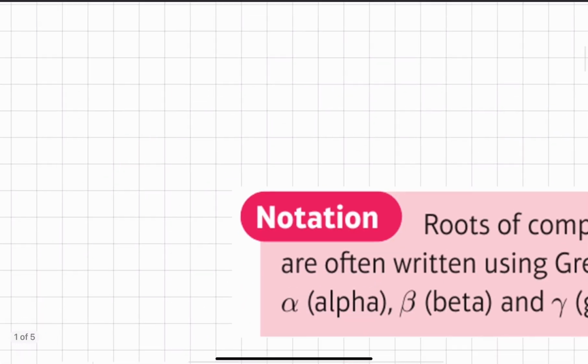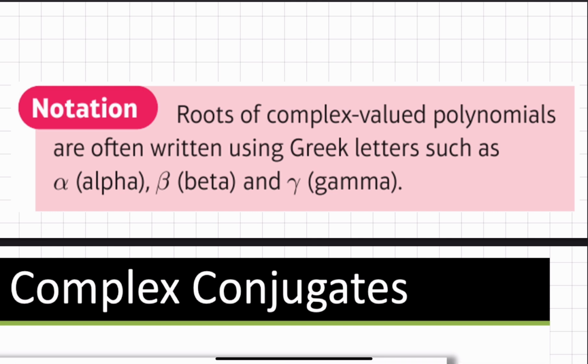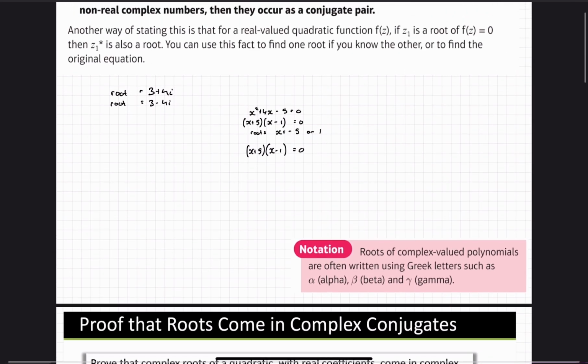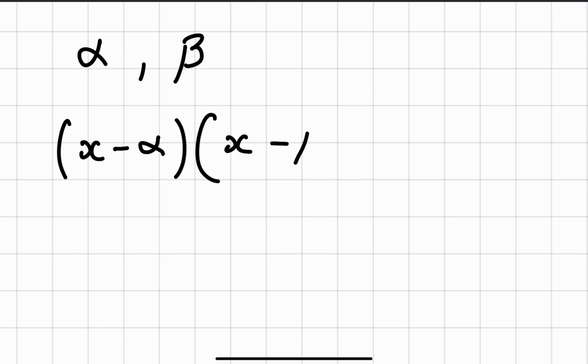So some notation to look at: when we're dealing with roots of complex varied polynomials, we can use Greek letters such as alpha, beta, and gamma. So if, for example, we had the roots for a quadratic, we went for alpha and beta, if they are my two roots, we can write our quadratic as x minus alpha multiplied by x minus beta, that equals 0.